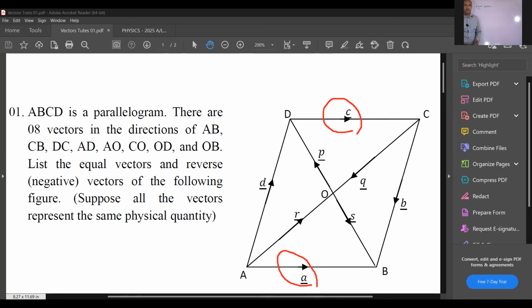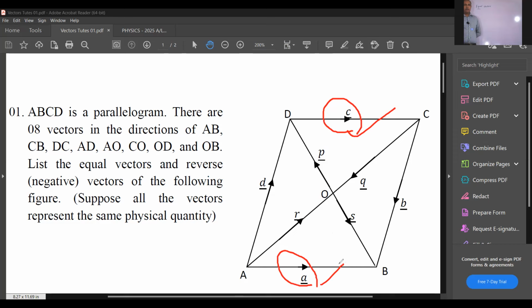Therefore, the length of AB and the length of CD are equal. The direction of the arrowhead is also equal. So I can say AB vector and CD vector are equal. That means vector A and vector C are equal vectors.